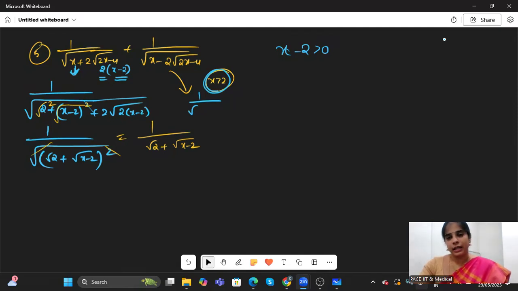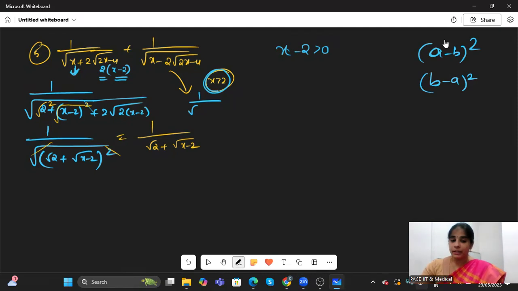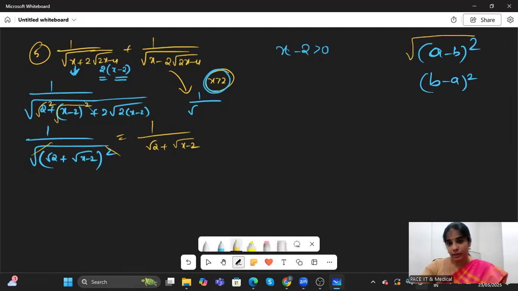See, (a minus b) whole square or (b minus a) whole square are one and the same, right? But if I am including an under root value, suppose root of this and root of this, when the root is breaking, the value coming out of the root should be a positive value only. Is this point clear? So I cannot have it be a minus b or b minus a.